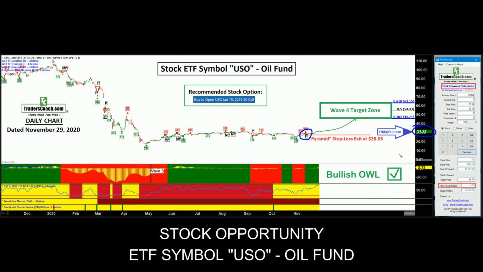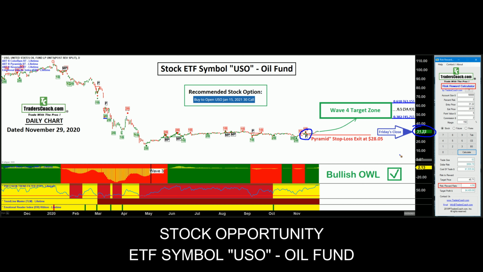Now, we're recommending this on Sunday based on the close on Friday. And when this opens up Monday, we don't know exactly where it's going to open up. So the way we want you to play this is, whatever day next week you look at this, if prices are within 10% of $31.22, which was the close on Friday, and it has not gone below $28.05, which is the stop loss, then you can go into it.